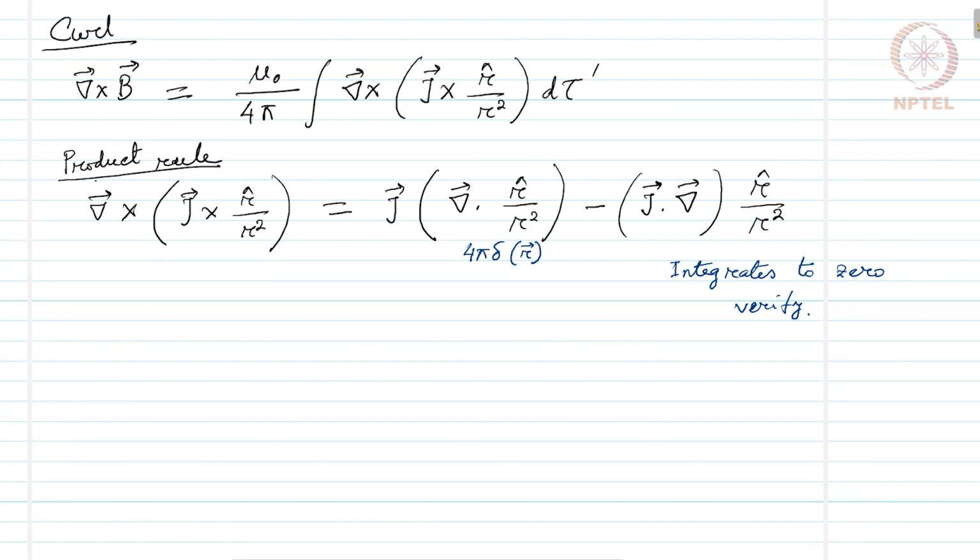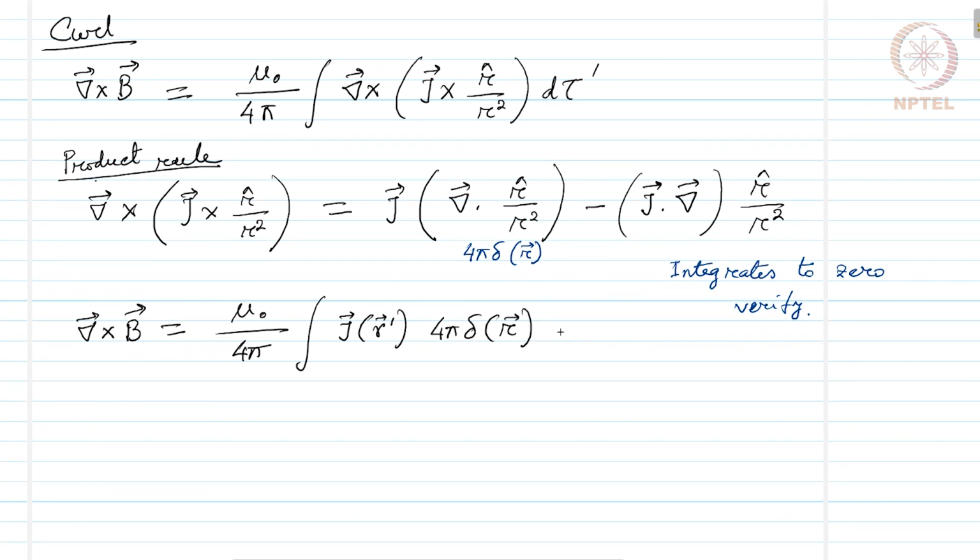So, what we are left with is curl of B equals mu naught over 4 pi integration j, that is a function of r prime, times 4 pi Dirac delta curly r vector. So, let me write curly r vector in its full glory, that is r vector minus r prime vector, and this is integrated over d tau prime.